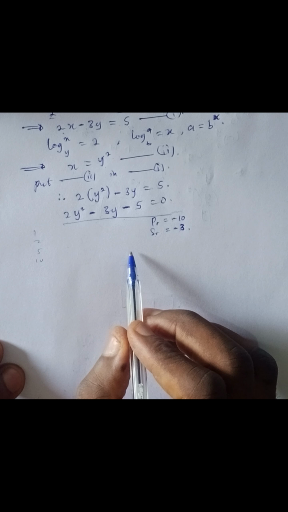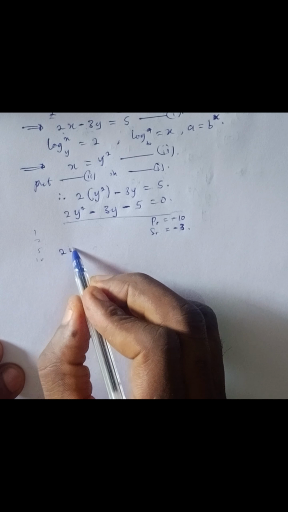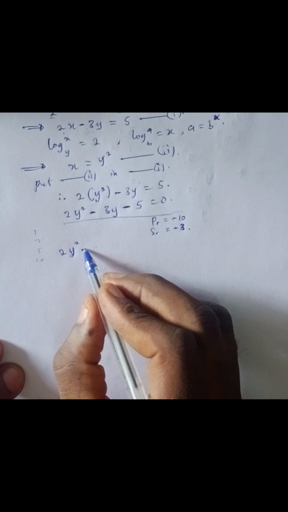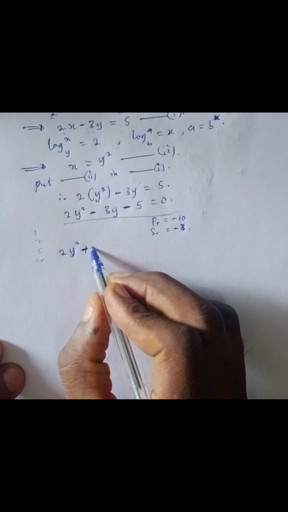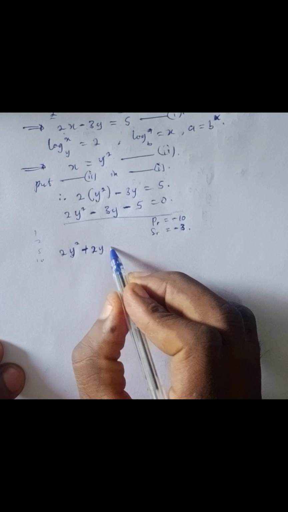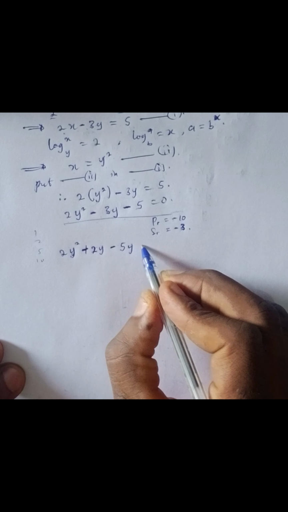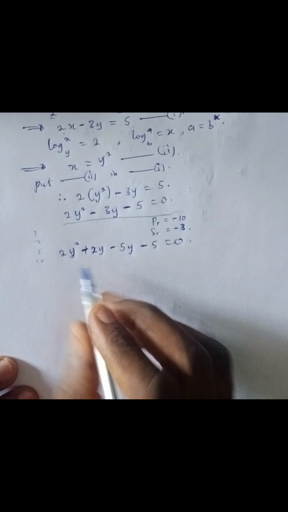Now, how are we going to write this? Is it minus 5? Okay, this one will be 2y squared, all right, plus 2y minus 5y minus 5 equals 0. Okay, let's regroup this.